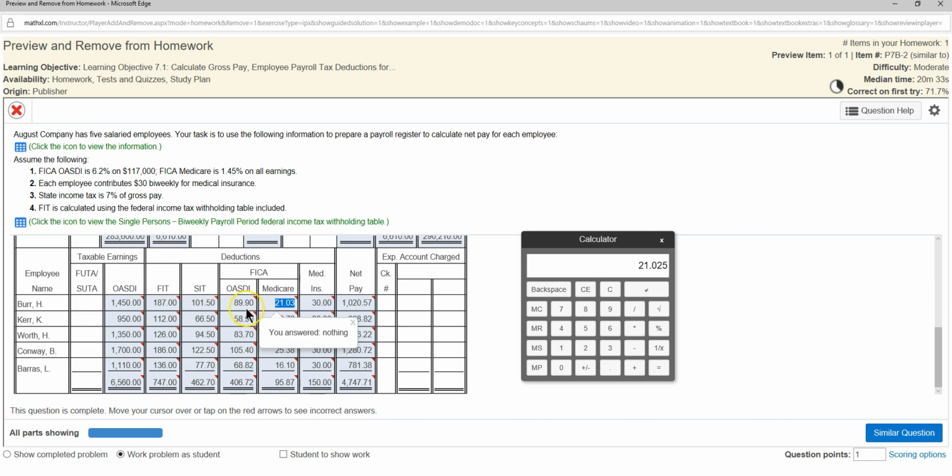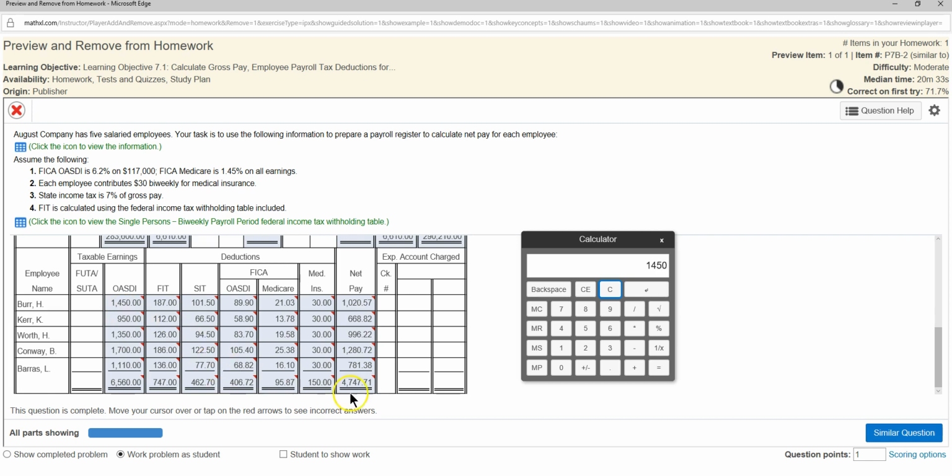So I'll just prove my case here. The deduction for FICA, for OASDI, for Burr over here, is 6.2%. So what we'll do is we'll take the calculator once again, and knowing that the taxable amount is the full 1450, because he didn't go over the 117.